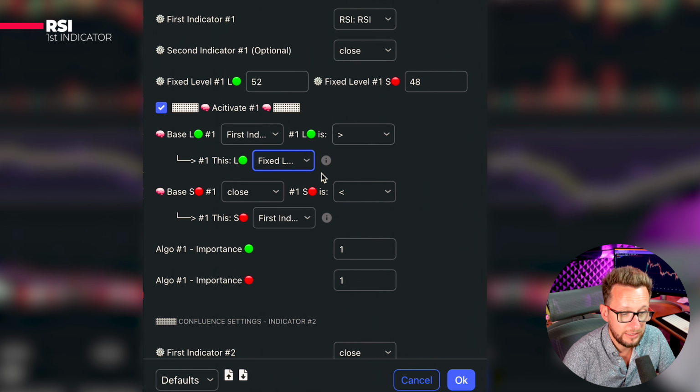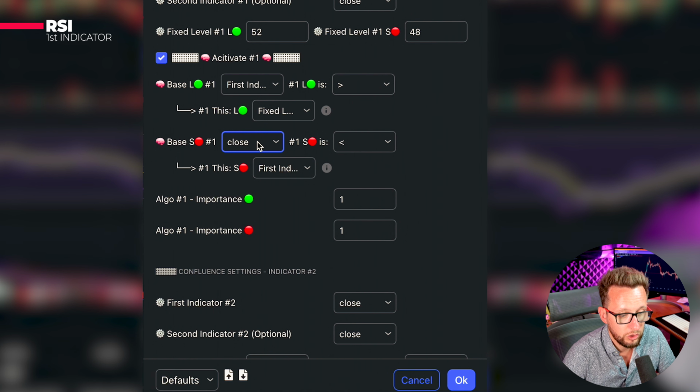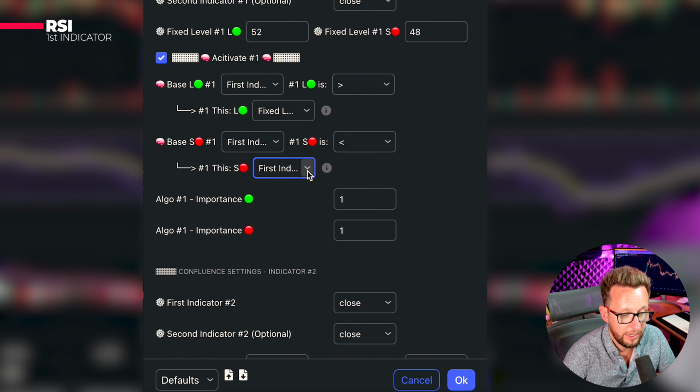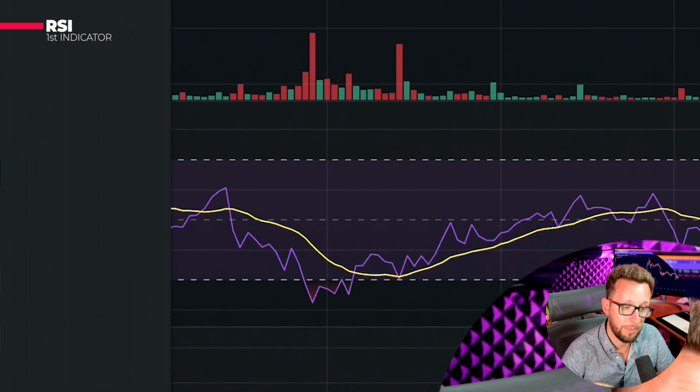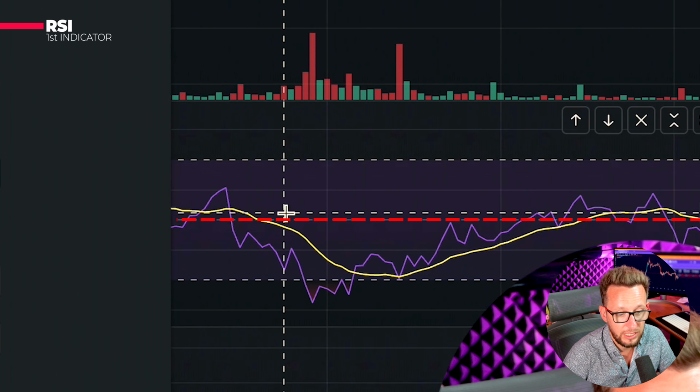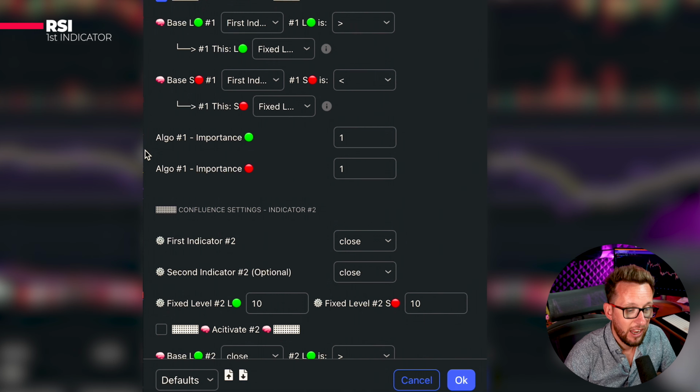My fixed level is 52, and we want to take an entry. It is activated. I have to make sure it's activated just here. And then I'm going to go over to shorts and write that the first indicator has to be less than our fixed level. So if RSI is above the 50 level here, we're going to take longs, and if it's below, we're looking for shorts.